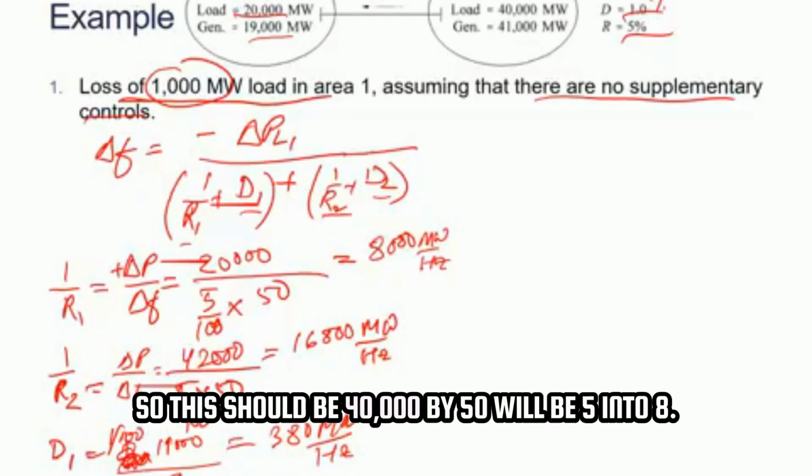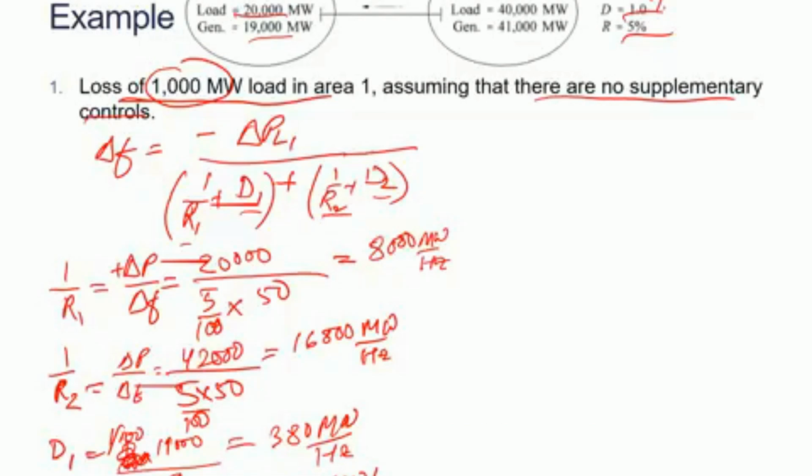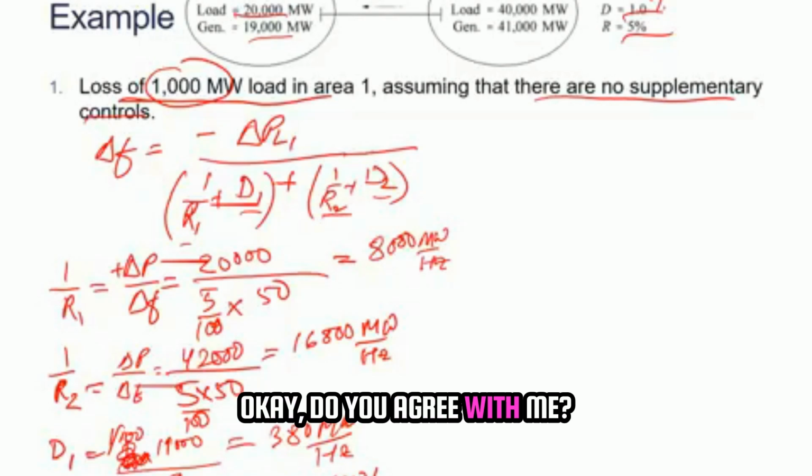This should be 40,000 by 50, which will be 5 into 8, so it will be 800 megawatt per hertz. Okay, do you agree with me?